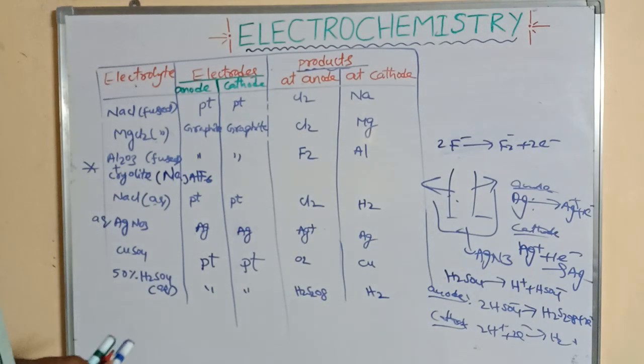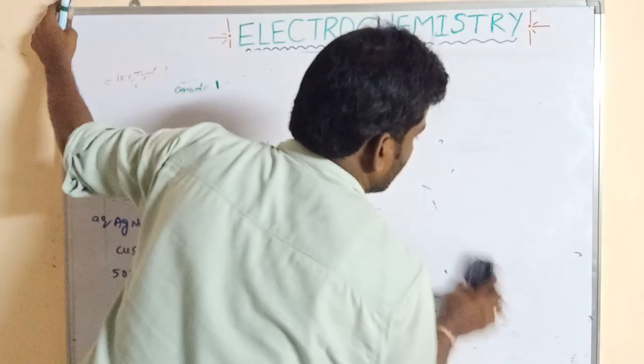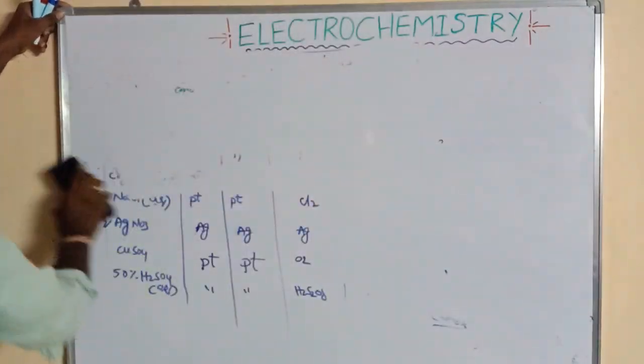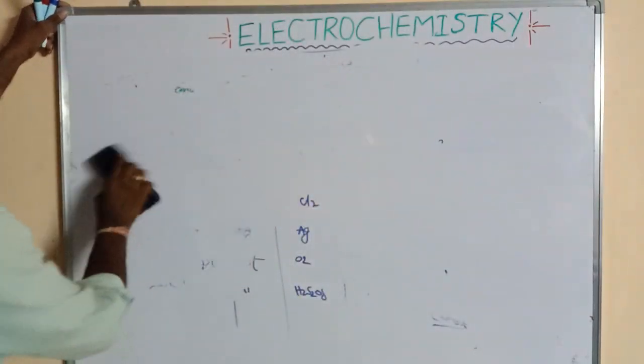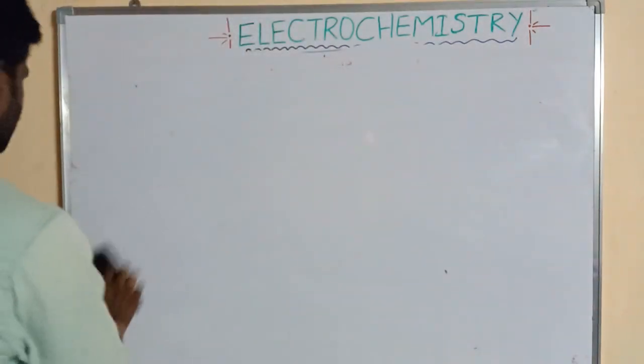So this is the electrolysis of electrolytes at different electrodes. Now I am going to explain Faraday's laws of electrolysis.